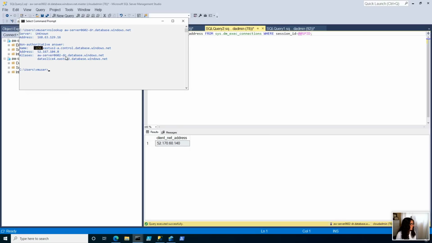So I can see it's in control ring 4, it's in East US 2A. I can also see the data slice and a few other pieces of information about it, as well as a public IP address. Now, many customers don't want this DNS hierarchy to be so publicly accessible to see. So what you can do is enable private endpoint.